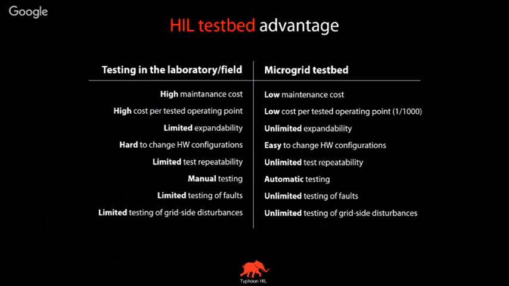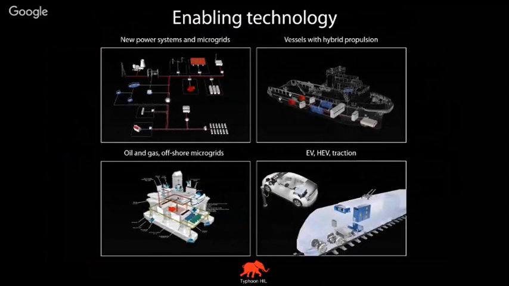If we can avoid going to the lab, spending megawatts and kilowatts of power to perform some tests, this means high maintenance cost, high cost per operating point, very slow processes, and something that we cannot automate or perform well. So this is the idea.